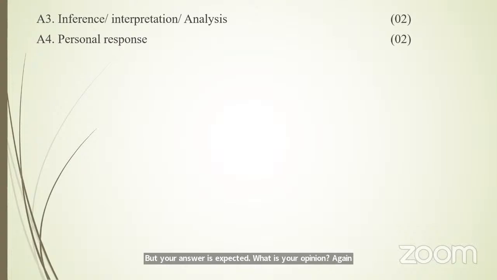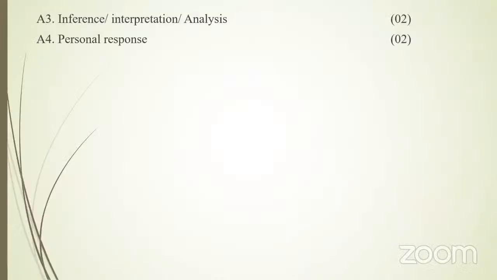If it is asked, do you agree with it, don't write just yes or no; that won't give you marks. You have to justify the statement, so write in a paragraph. Most of the time we have seen students underlining the facts in the answer, which is not expected in the English paper. Don't underline the A4 answer because it is expected in a paragraph, so write in a paragraph.